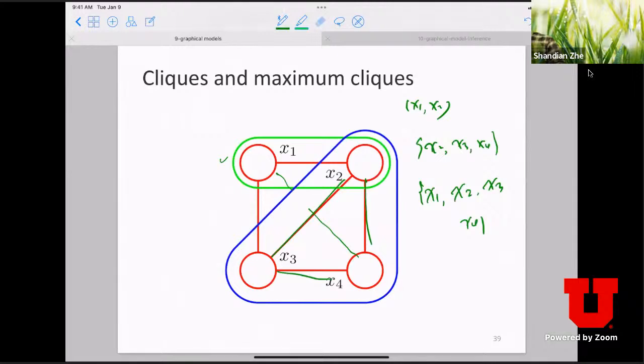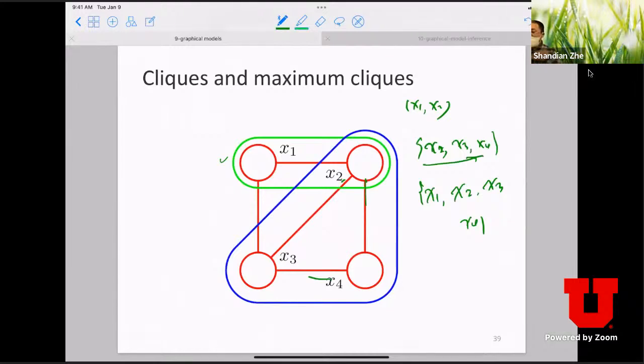So based upon the definition of a clique, we can define the maximum clique. A maximum clique just means that if the set of nodes is a clique, then you cannot add one more node to get another clique. Like x2, x3, and x4 is a maximum clique. Why?